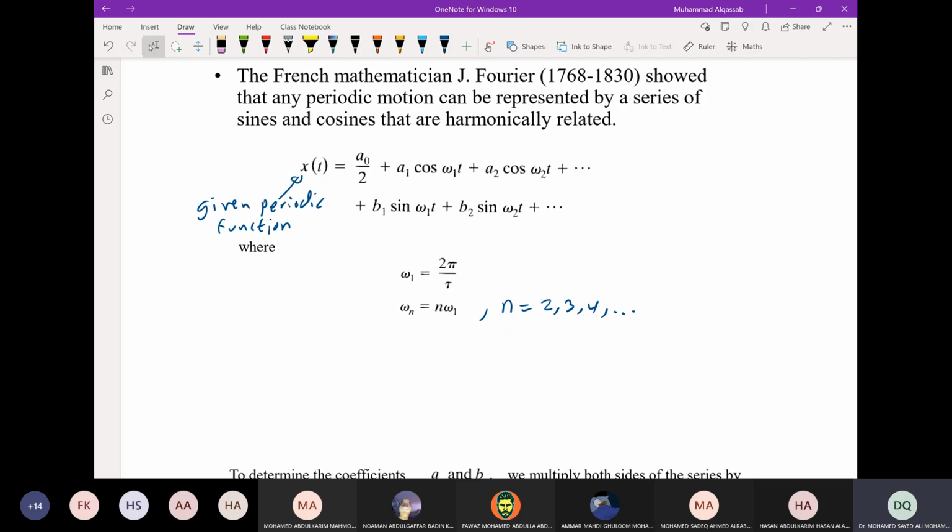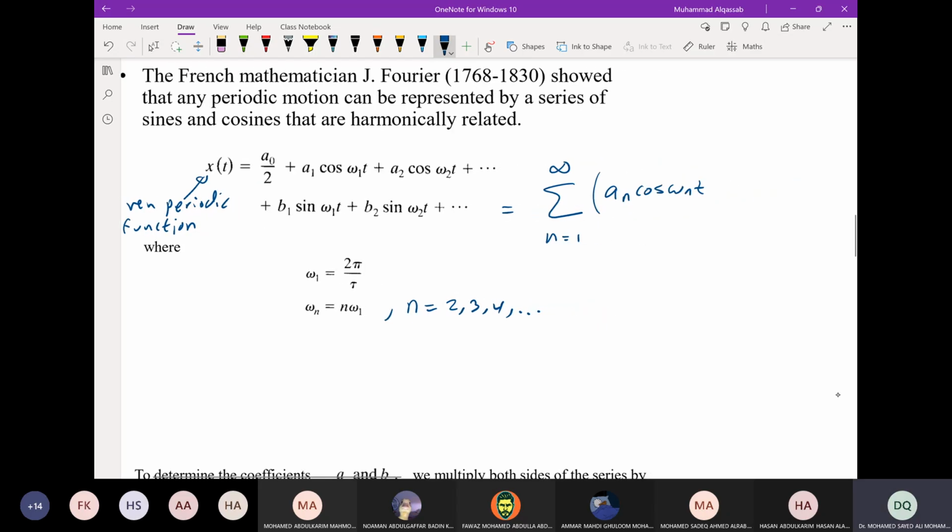In general, you can write this as a summation from n equal 1 to infinity of an cosine omega n t. I can add omega 0 is 0. Or we can just expand this.